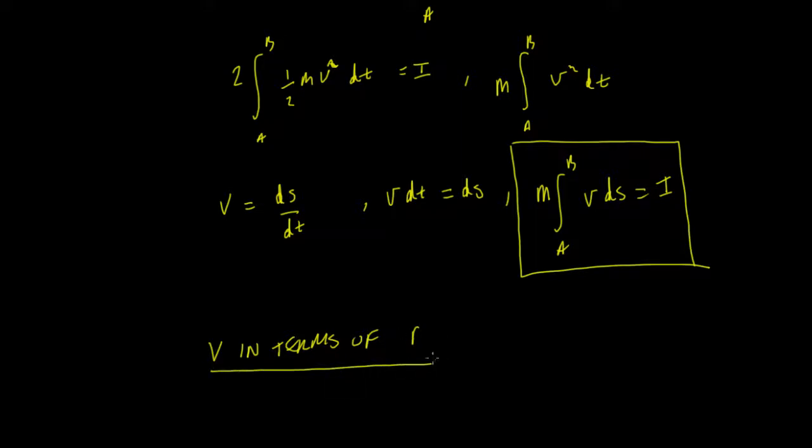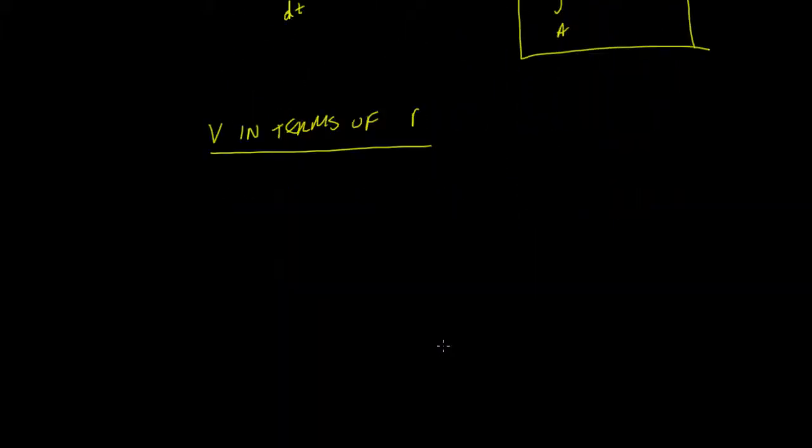We can do that by finding the potential energy of the system. We can get the potential energy if we use the work energy theorem. So the change in the kinetic energy, delta K, equals force times distance.